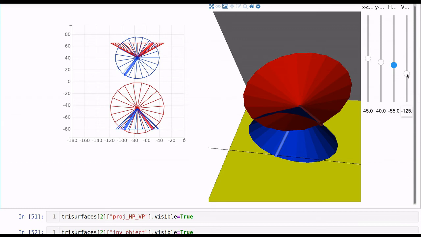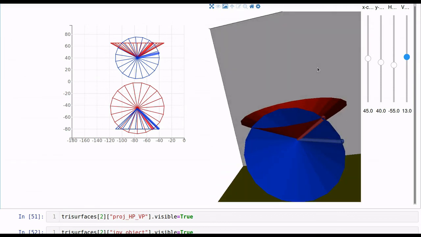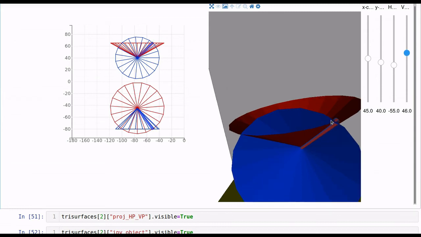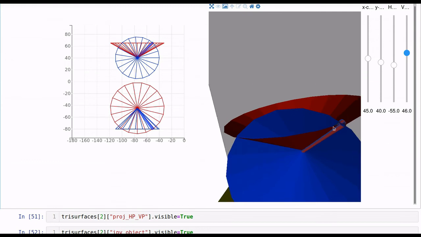Similarly, the blue line also I will rotate along this locus and bring it to the intersection of the two cones. When I bring it to the intersection, the two lines become coincident, almost coincident.